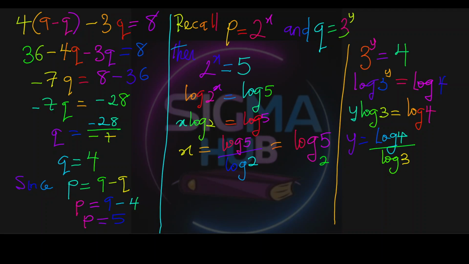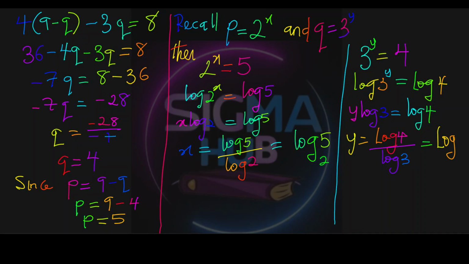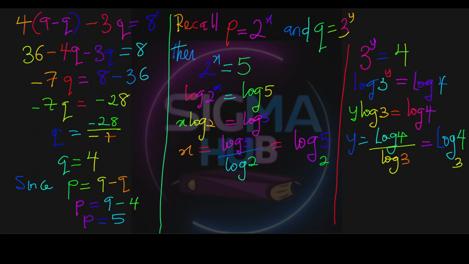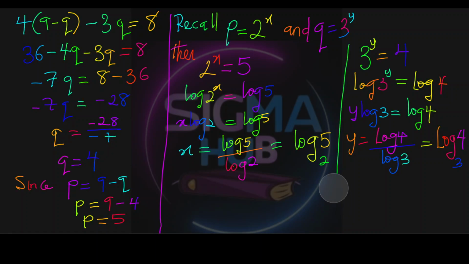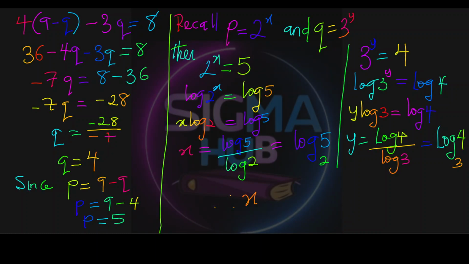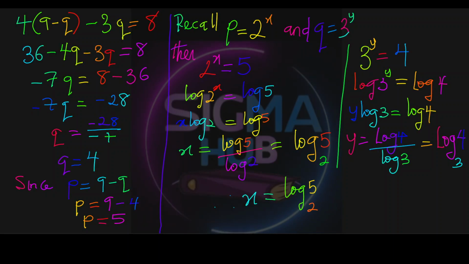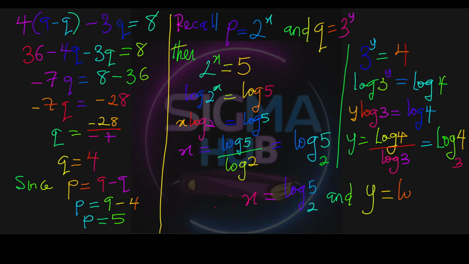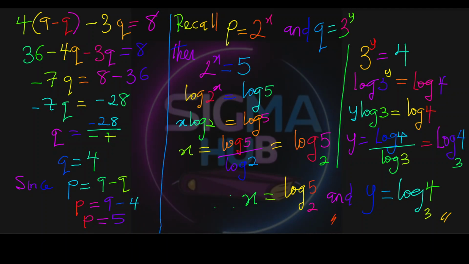And log 4 over log 3 can also be written as log of 4 base 3. So therefore, we can say that x equal to log 5 base 2 and y equal to log 4 base 3. And that's how you go about this.